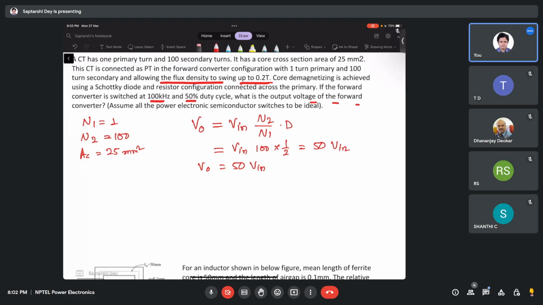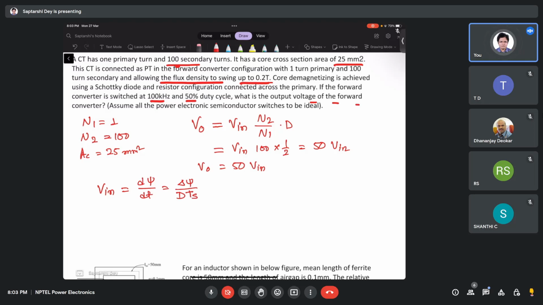And 100 kHz, okay, 25 millimeters squared. Let us see what we can find out. So V in equals d psi dt. We can say delta psi by delta t, or delta psi by Ts.